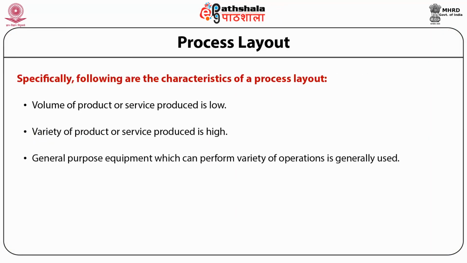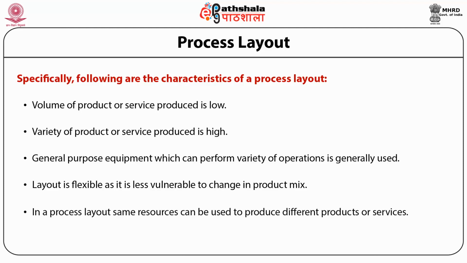Specifically, following are the characteristics of process layout. The volume of product or service produced is low. The variety of product or service produced is high. General purpose equipment which can perform a variety of operations is generally used.